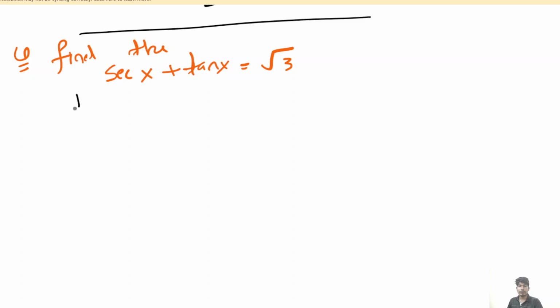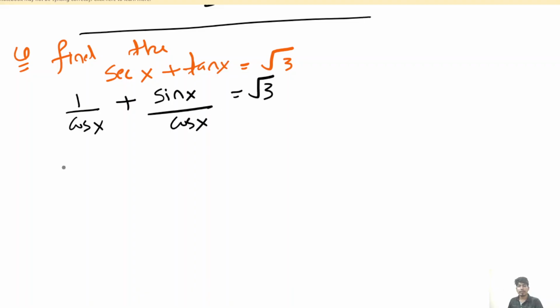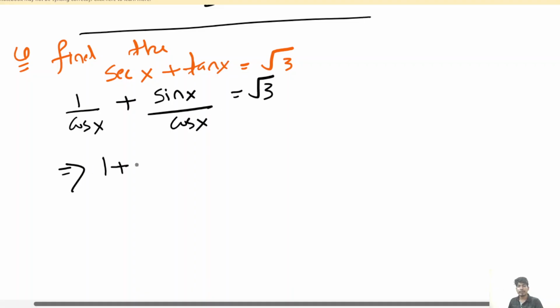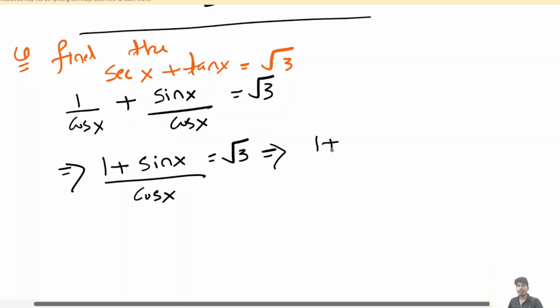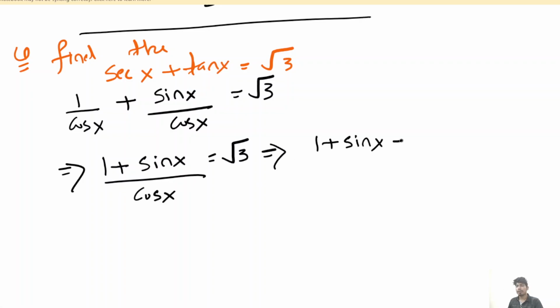We know sec x is 1/cos x and tan x is sin x/cos x, and this is equal to √3. Then we get (1 + sin x)/cos x = √3, which implies 1 + sin x = √3 cos x.